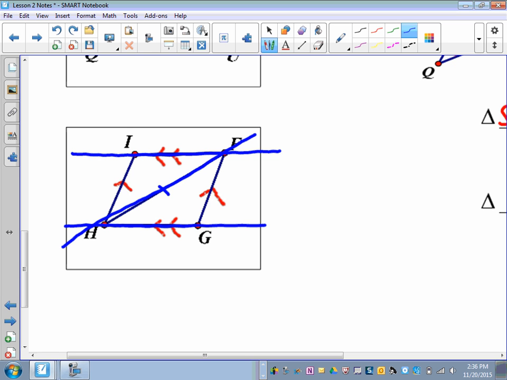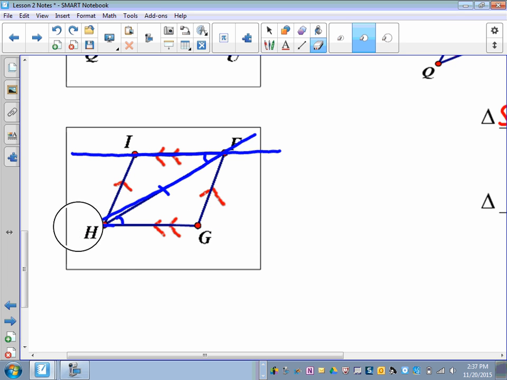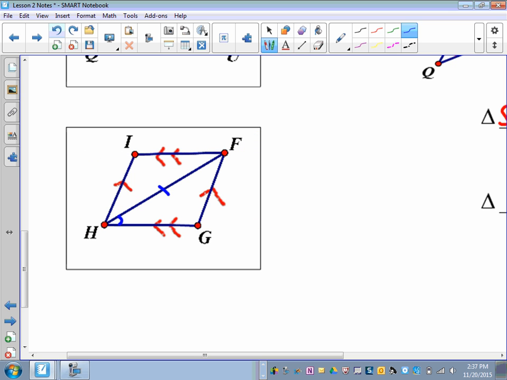So I can say these are congruent. Alright, so we just said that these are congruent. Likewise, if we take these as my parallel lines, and this is my transversal, then I have these are congruent by alternate interior angles. Is this the same thing we just did? So this is angle, side, angle.